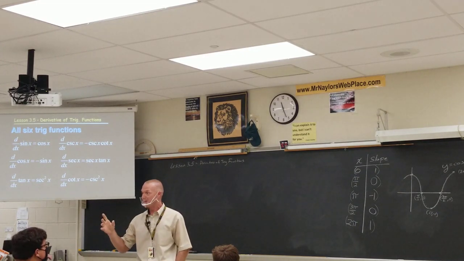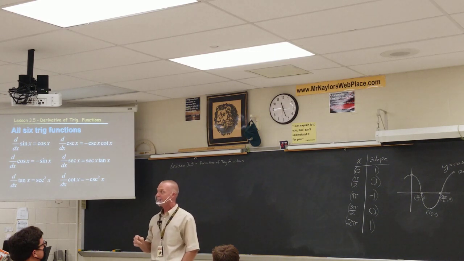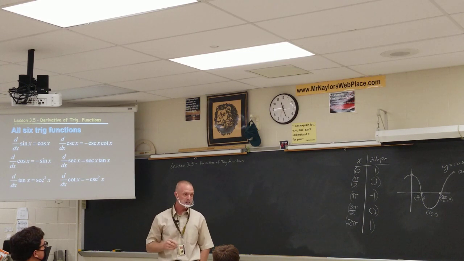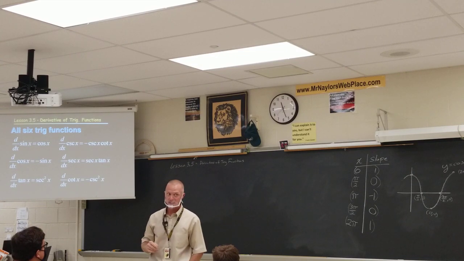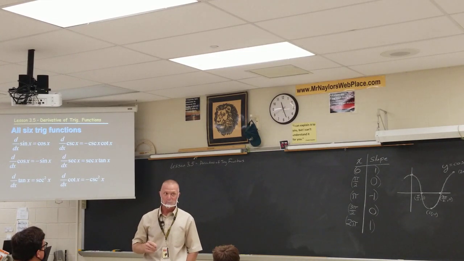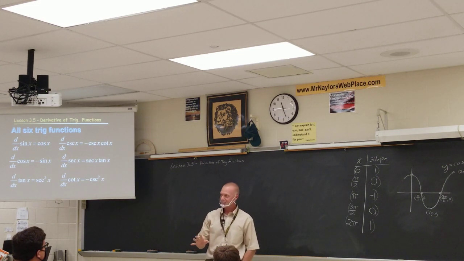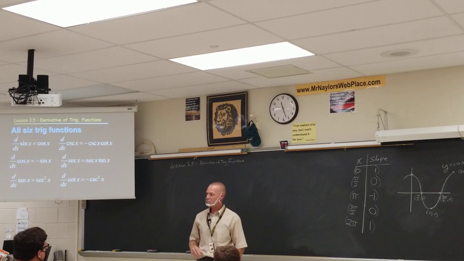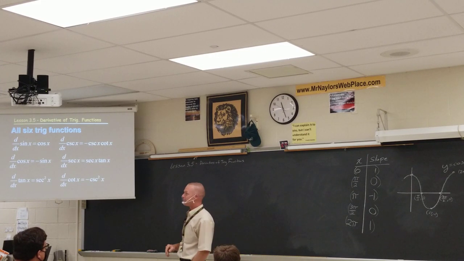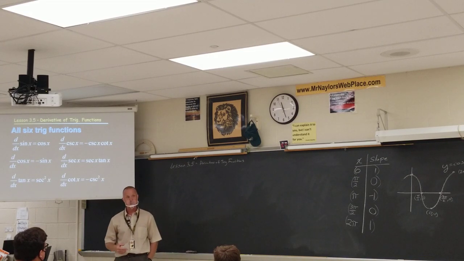You will say the derivative of sine is cosine, derivative of cosine is negative sine, the derivative of tangent is secant squared, the derivative of cosecant is negative cosecant cotangent, derivative of secant is secant tangent, and the derivative of cotangent is negative cosecant squared. And you will rattle off those rules, maybe not quite that fast. I'm a little gentler than my biology teacher from 20 plus years ago, but you're going to verbally say them as a way to help you memorize them.